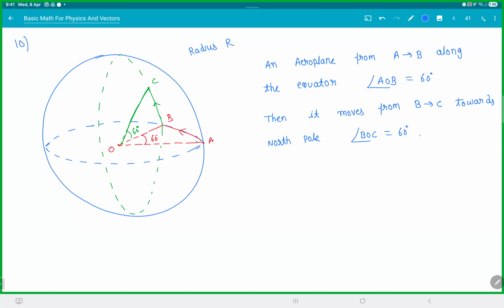And then the plane comes back from C to A directly, so it's a full round trip, in the shortest path. Remember, the plane is flying on the surface of the earth. It cannot drill a hole into the earth and come in the shortest path. So just to mention, the plane flies on the surface. So basically the plane is always going in curves.